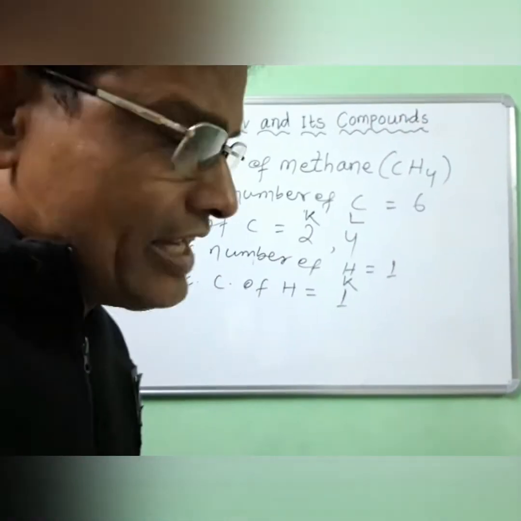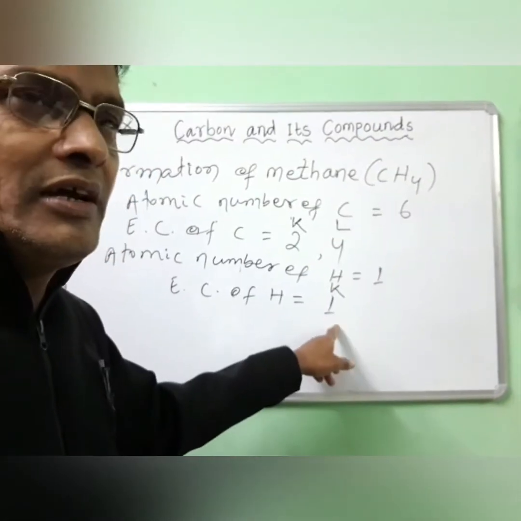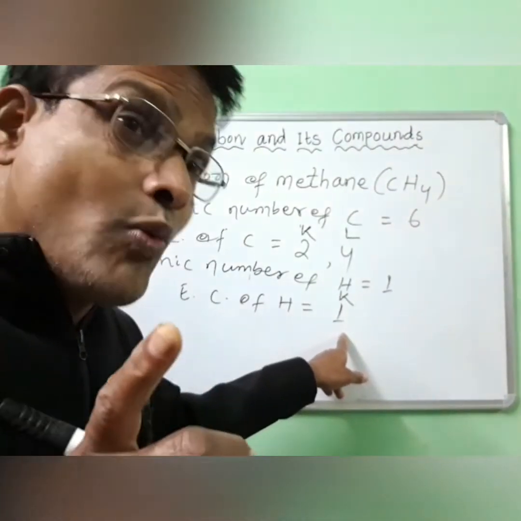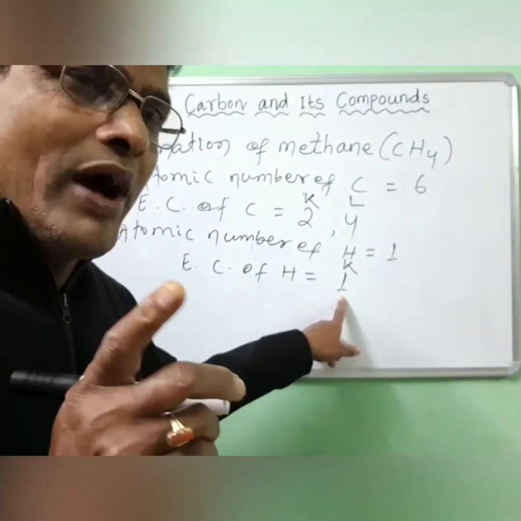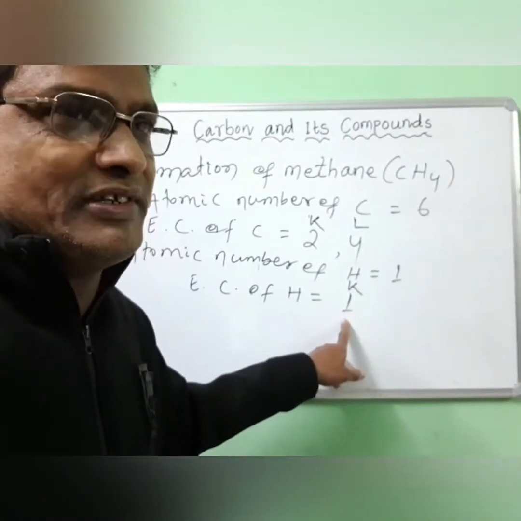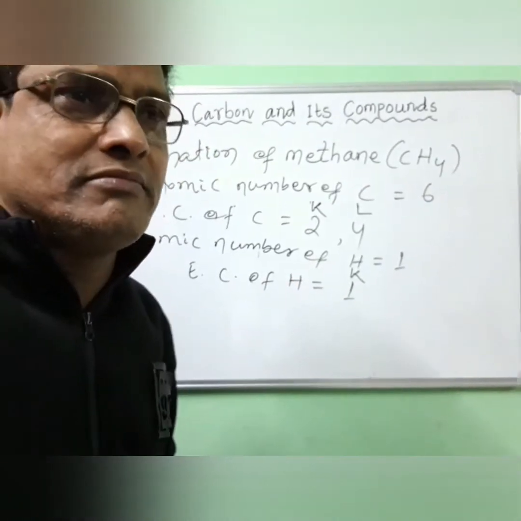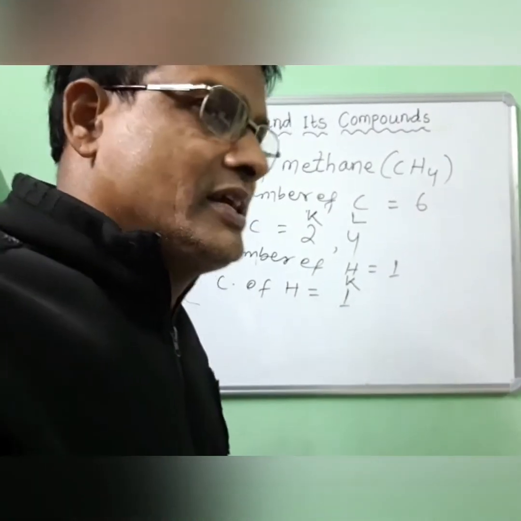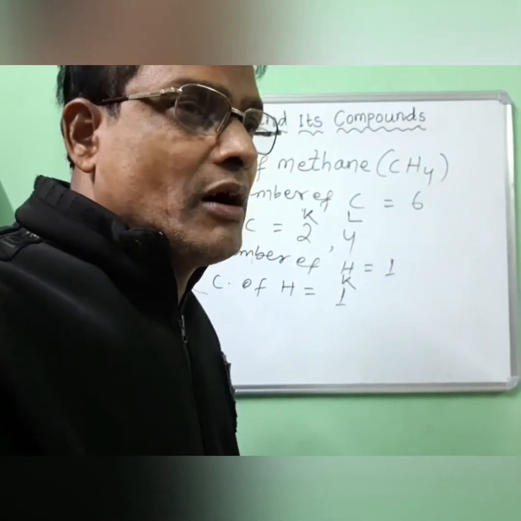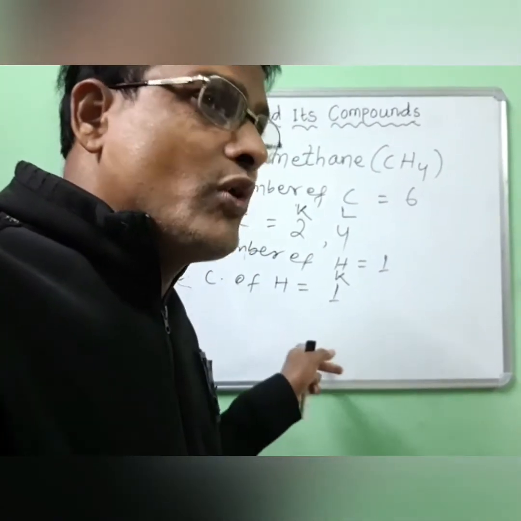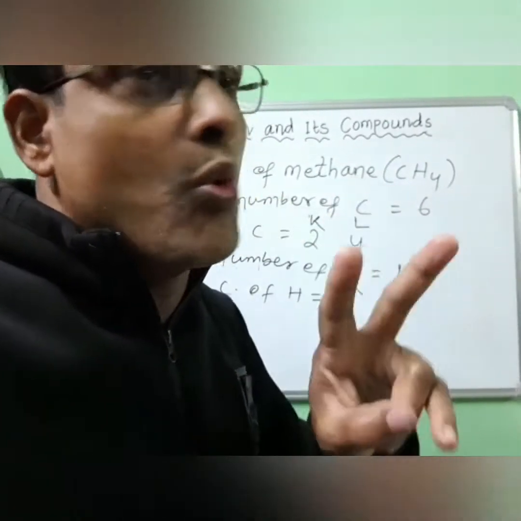On the contrary, each hydrogen atom has only 1 electron in its outermost orbit. So each hydrogen atom requires 1 extra electron to attain its nearest noble gas configuration, that is the configuration of helium, that is 2.